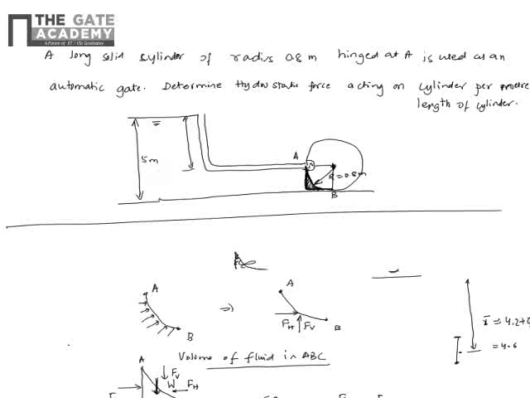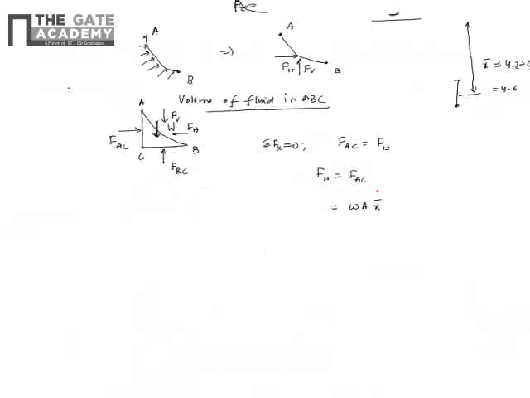So rho g A x bar: rho g is 9810, A is the area of this AC cross section, with perpendicular width 1 meter and AC 0.8, so 0.8 into 1 meter into x bar 4.6. So you get the horizontal force from this. Let's calculate. This is 36.1 kilonewtons, the horizontal force.